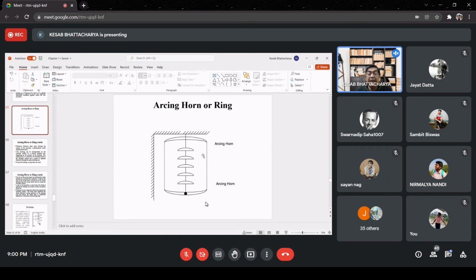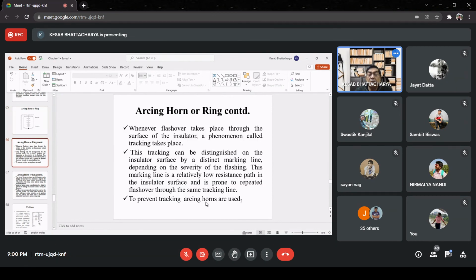Thereby, if these horns are provided, they will not allow the surface flashover to occur near the insulators, but instead away from the insulators through air. Thereby, it will protect the insulators. Also, sometimes the lower arcing horn plays the same role as the grading ring we just discussed. So these are the points you just quickly go through.